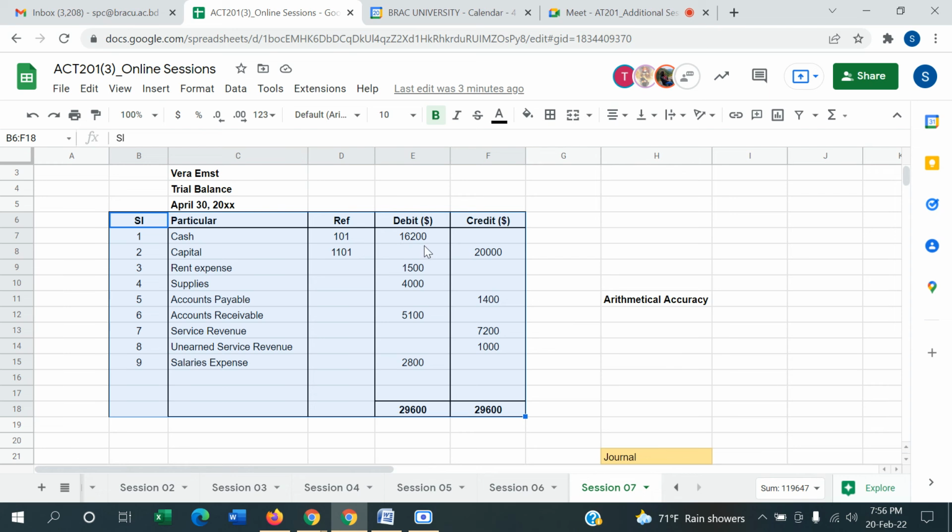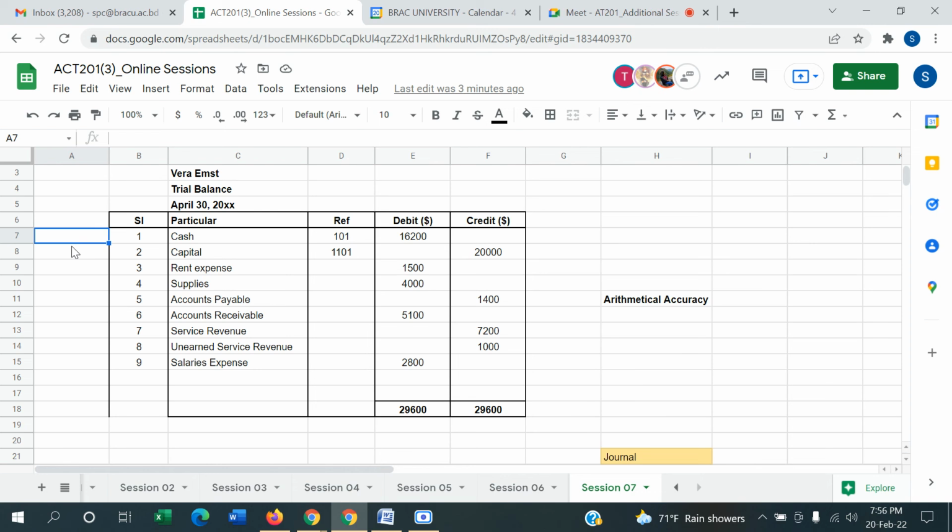How much amount did you spend on supplies? 4,000. What is your liability? How come 2,400? Yes, exactly. Accounts payable and unearned revenue. That's how we can identify it.